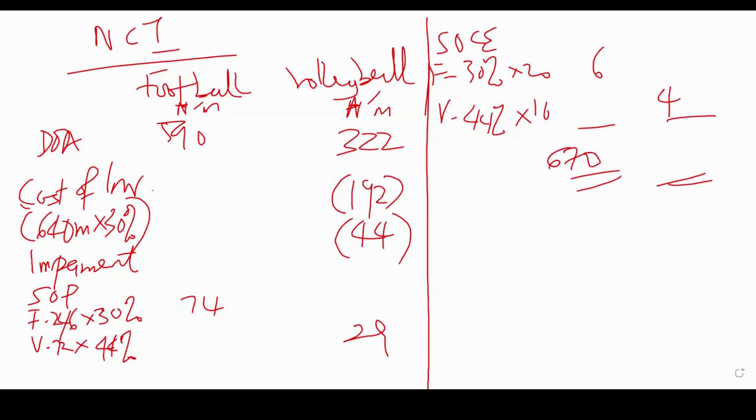Now, under Volleyball PLC, this is 322 plus 29 minus 192 plus 4. I think I had 119 here. So this is going to be the values of our NCI.